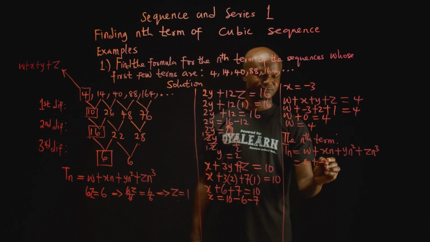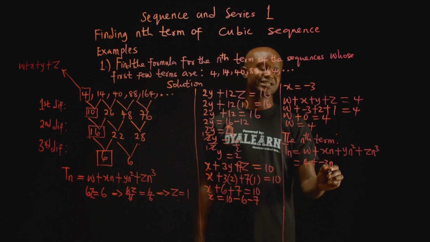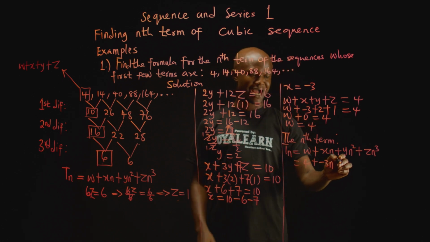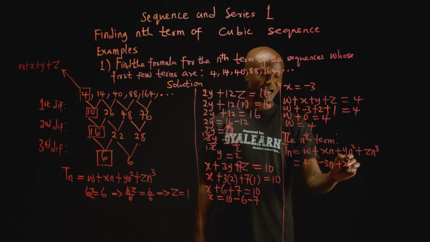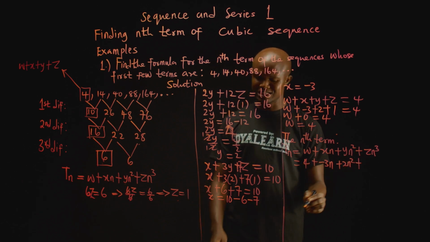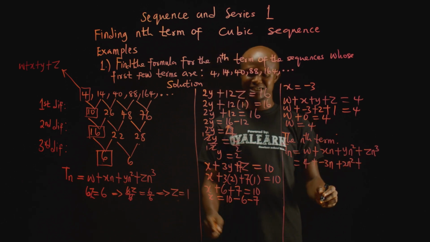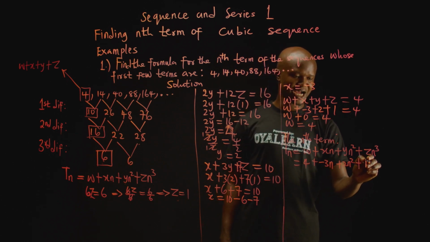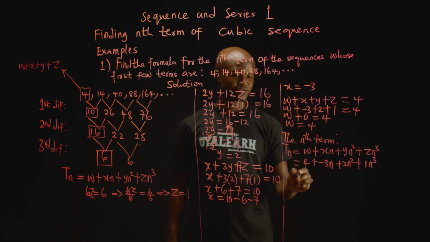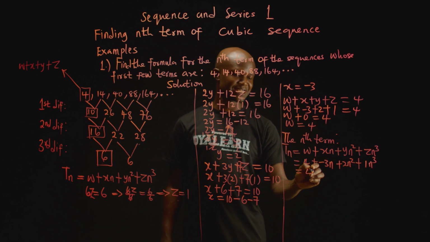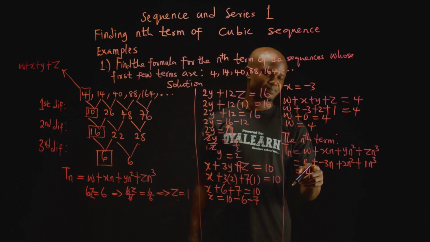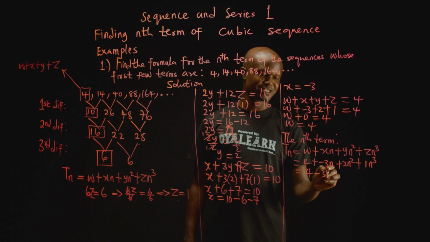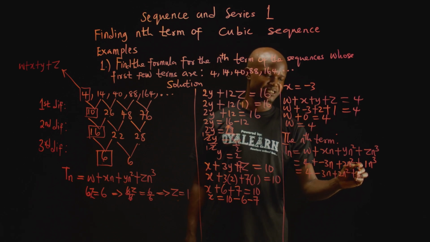Minus 3. So we have minus 3n here. What is the value of y? We have 2. So we have 2n squared. And z is 1. So we have 1n cubed. So we can write this as 4 minus 3n plus 2n squared plus n cubed.